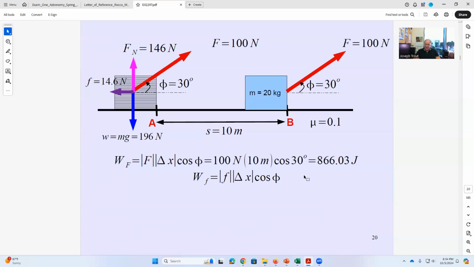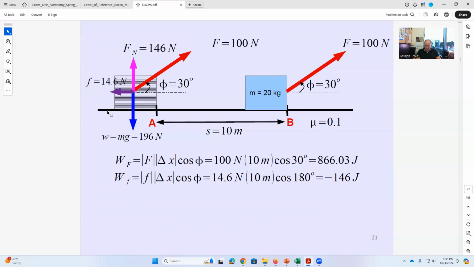But what's the angle between our displacement and the friction? In this case, it's not 30 degrees. Our angle between the displacement and friction is 180 degrees. So what we end up with is 14.6 newtons times 10 meters times the cosine of 180 degrees, which gives us negative 146 joules. So work can be negative.